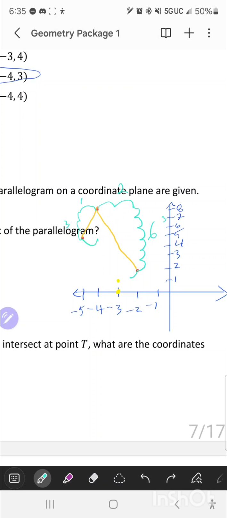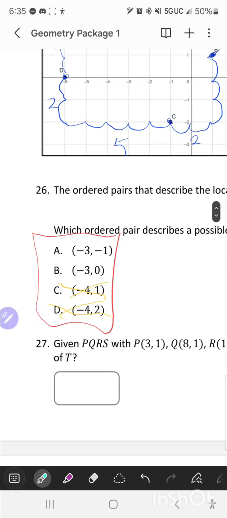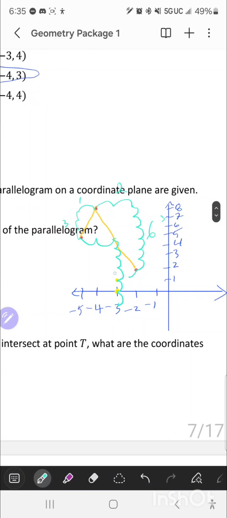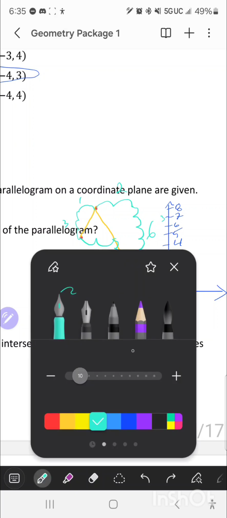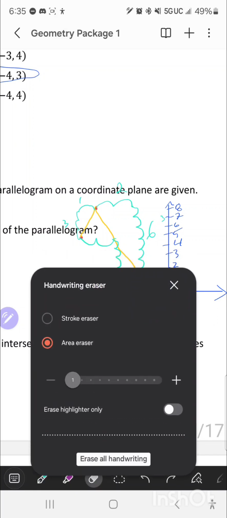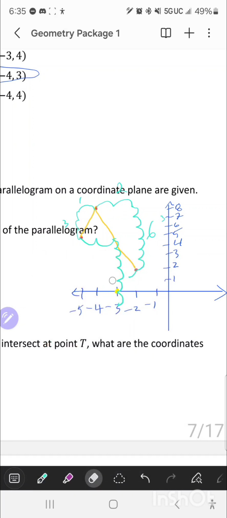So we need 1 and 2. Then we need 6 down, and we're on 5. We're going to do 1, 2, 3, 4, 5, and 6. I don't know which one. Okay, 4, 3, 2, 1, like 0, 6. I think I put, yeah, this is -3, comma -1. That makes much more sense now. So the point they're giving us is this one.